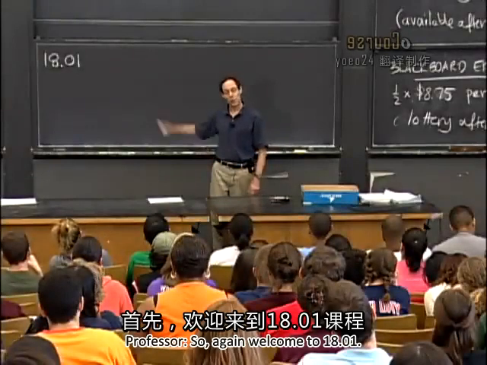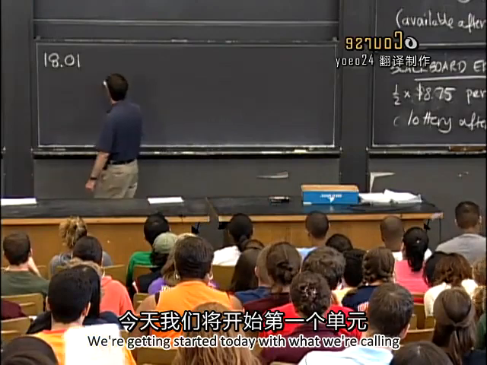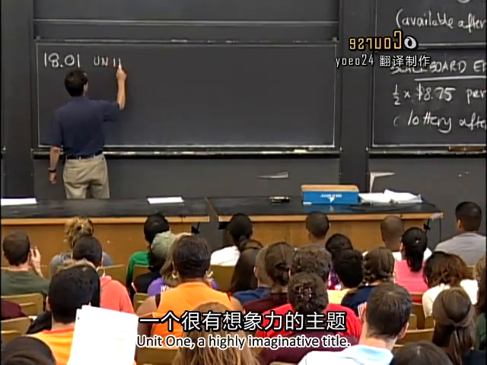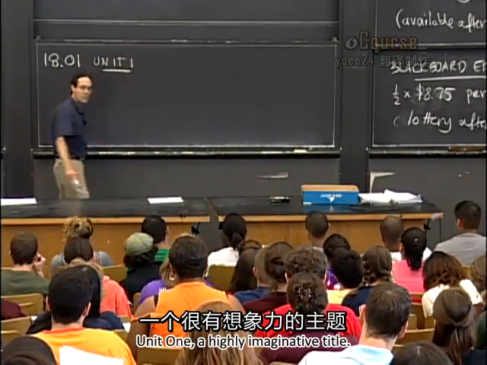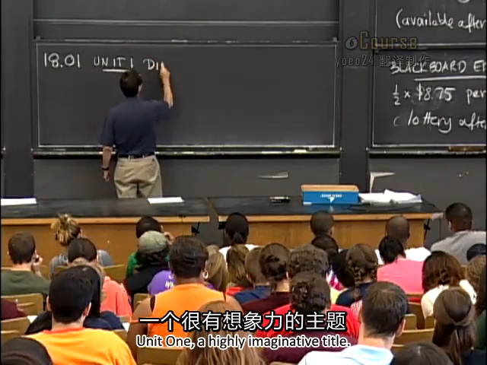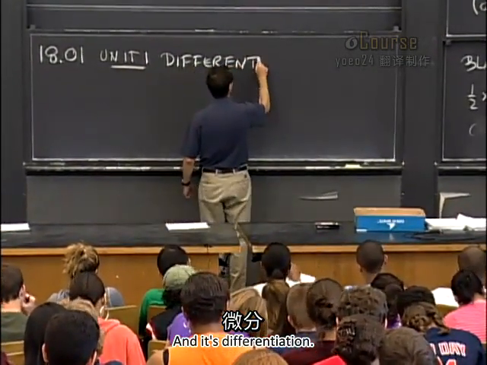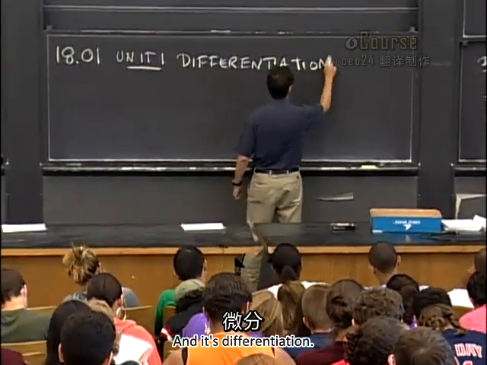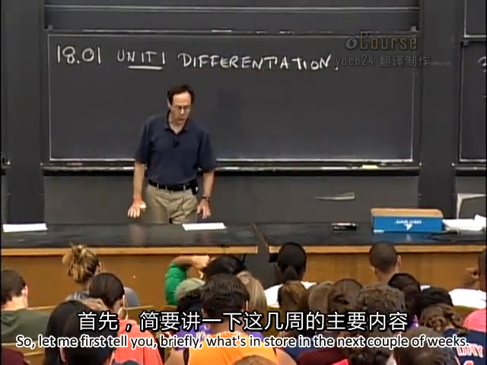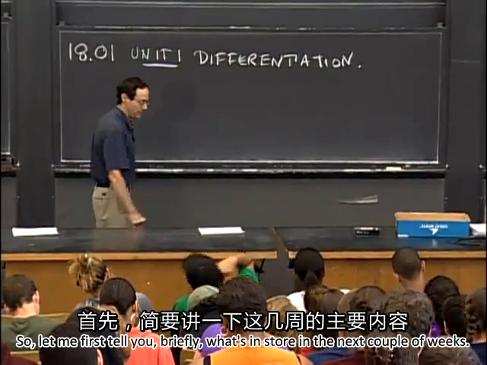So, again, welcome to 18.01. We're getting started today with what we're calling Unit 1, highly imaginative title, and it's differentiation. Let me first tell you briefly what's in store in the next couple of weeks.